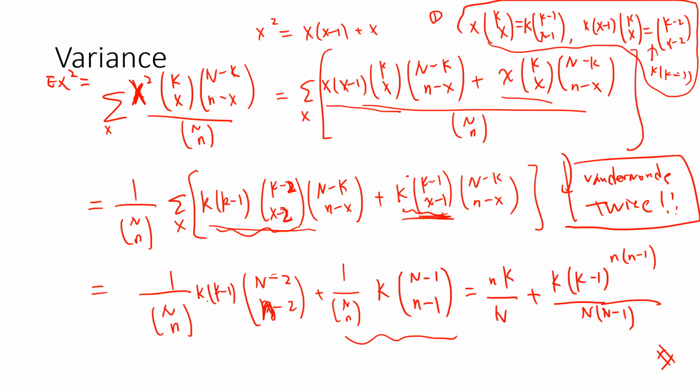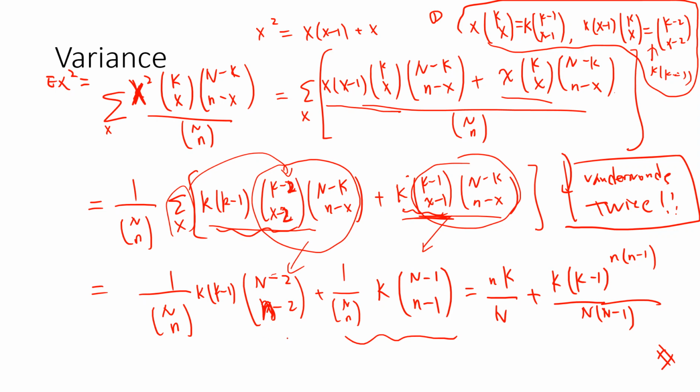Okay, and then it's easy to see that this is another Vandermonde identity. So you use the Vandermonde identity twice. So these two products of binomial coefficients become this, and then these two binomial coefficients become this. And you just brute force do it, right?